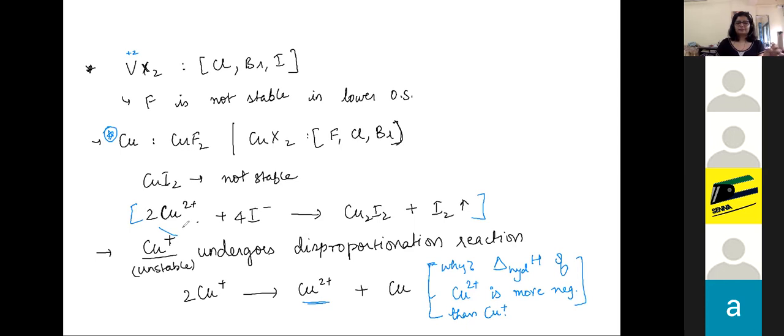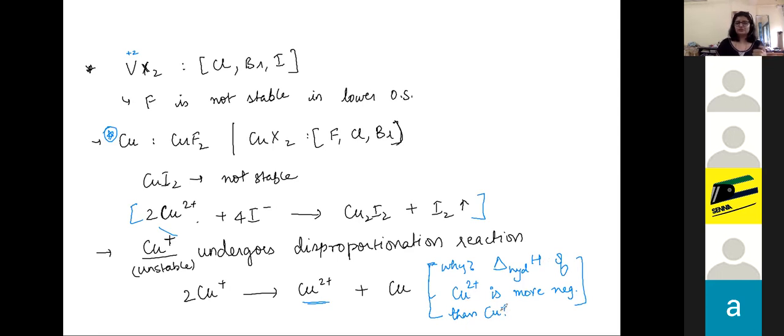Considering the oxidation states of copper, it can exist in Cu+ and Cu2+, which makes sense, right? If it forms Cu+, then d10 is a fully filled orbital. But in reality, whenever you're doing these reactions in solutions, the hydration enthalpy of Cu2+ is more negative than Cu+.